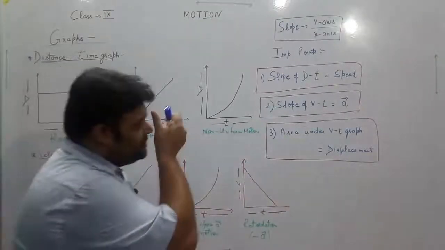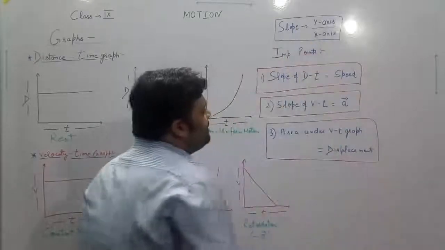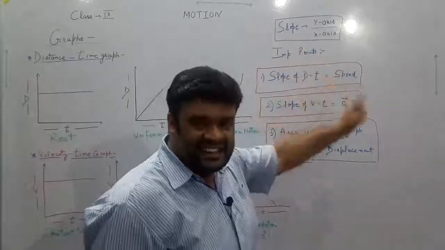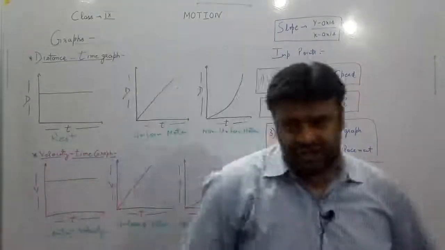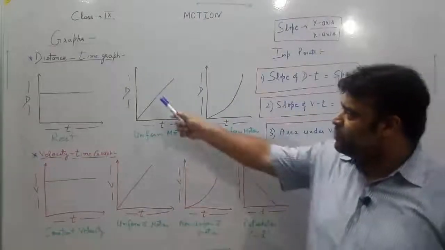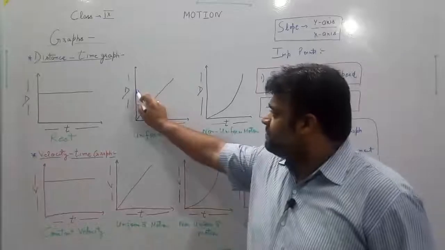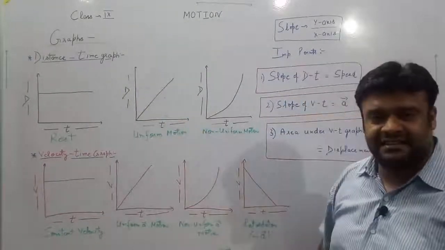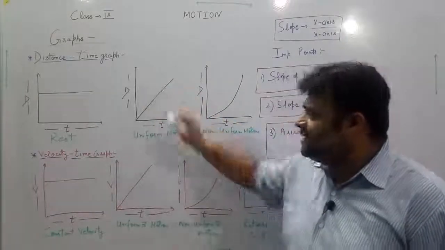The first is the slope of a graph. Slope of a graph is the ratio of the value on the y-axis to the x-axis. Suppose we have to find the slope at any point on this graph, we have to find the values on this axis and this axis.